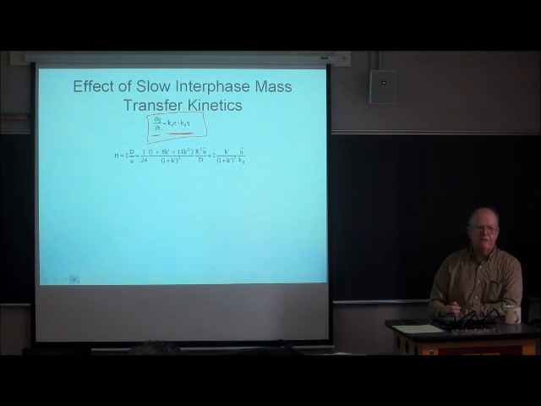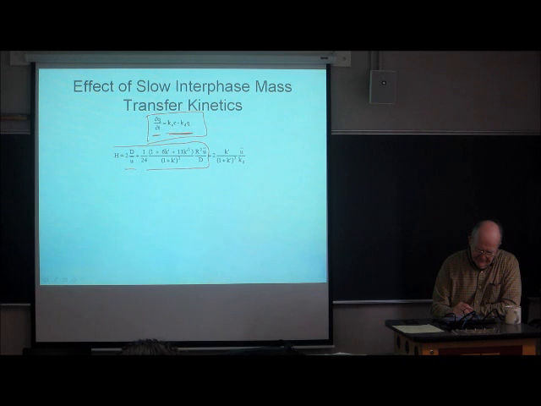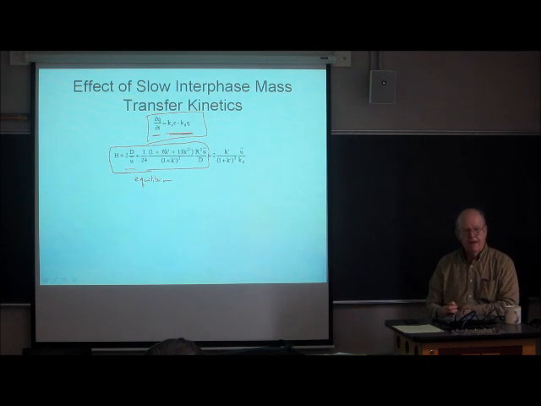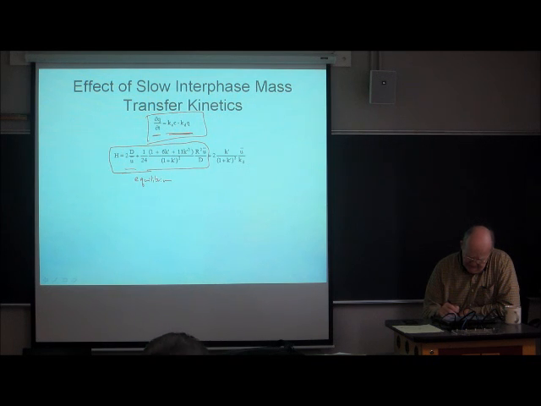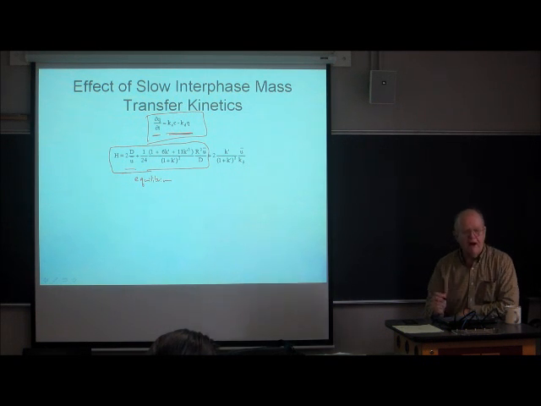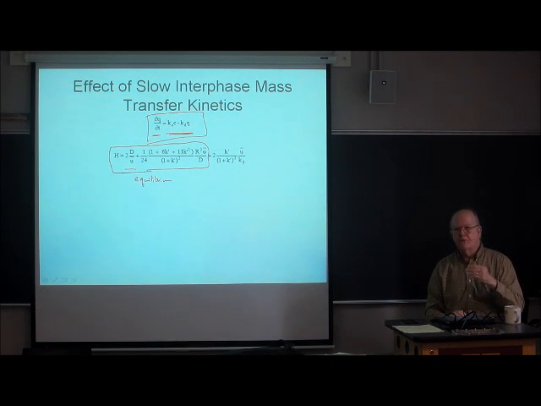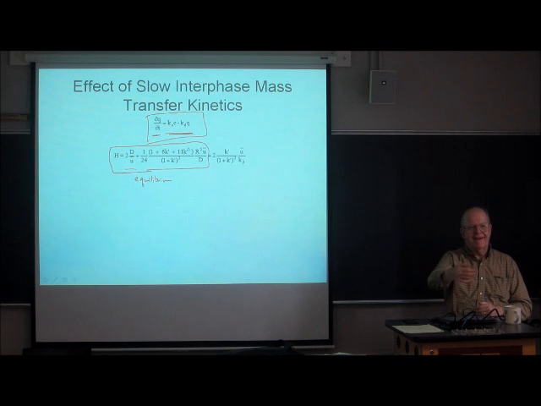The HETP that results is exactly the same first two terms as when we assume equilibrium. But there's a new term that corresponds to this slow transfer in the stationary phase, and it's 2k prime over (1 plus k prime) squared, times the average velocity divided by the non-equilibrium constant, the Kd, the desorption rate constant, the rate constant for the solute to get out of the stationary phase.